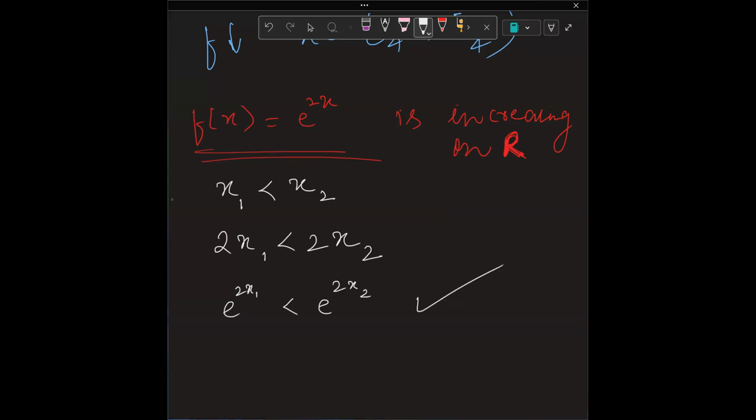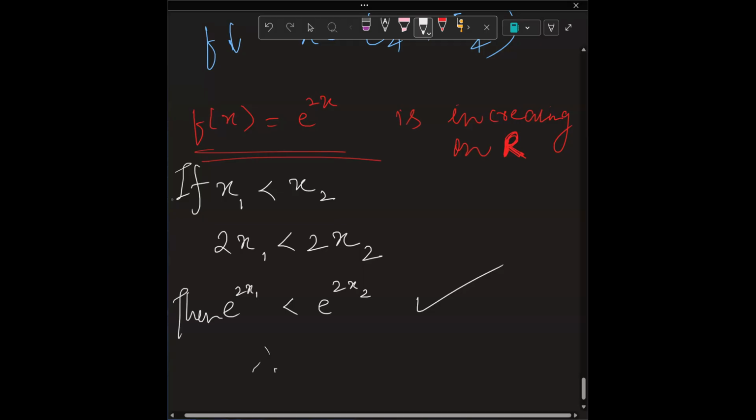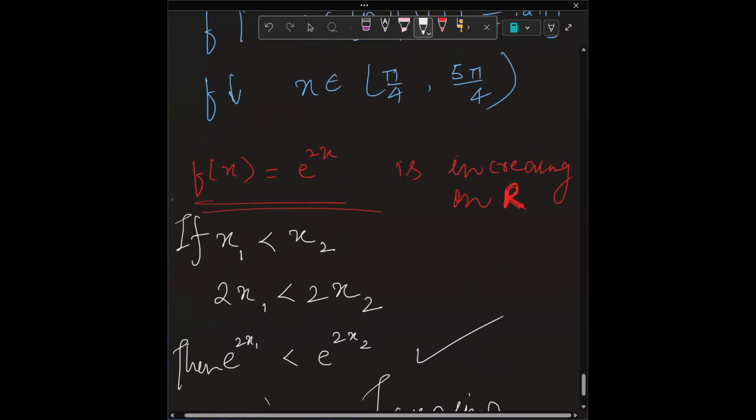So this is proved, hence proved, that if this, then this, therefore this is increasing. And tell me whether this is increasing. Tell me, is it increasing or not?